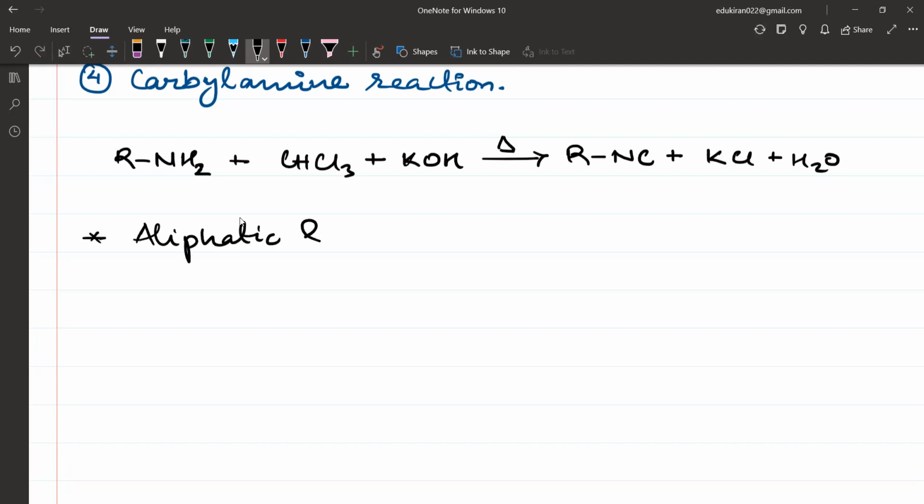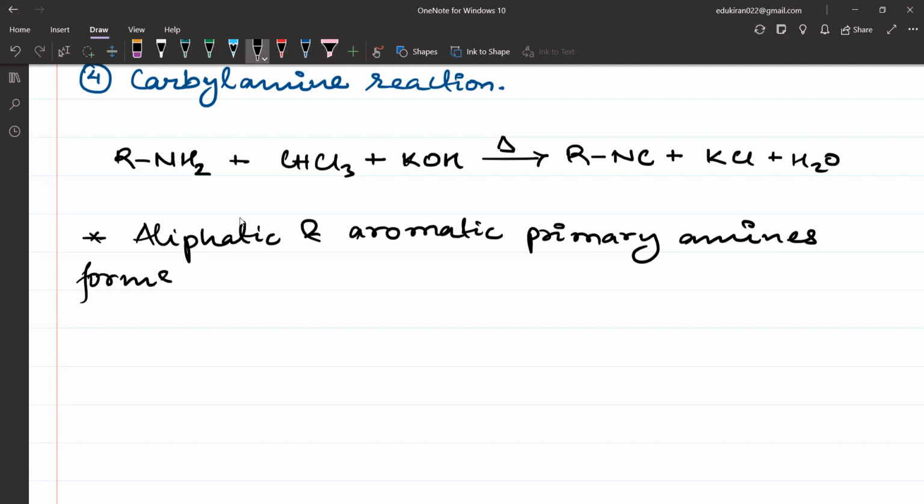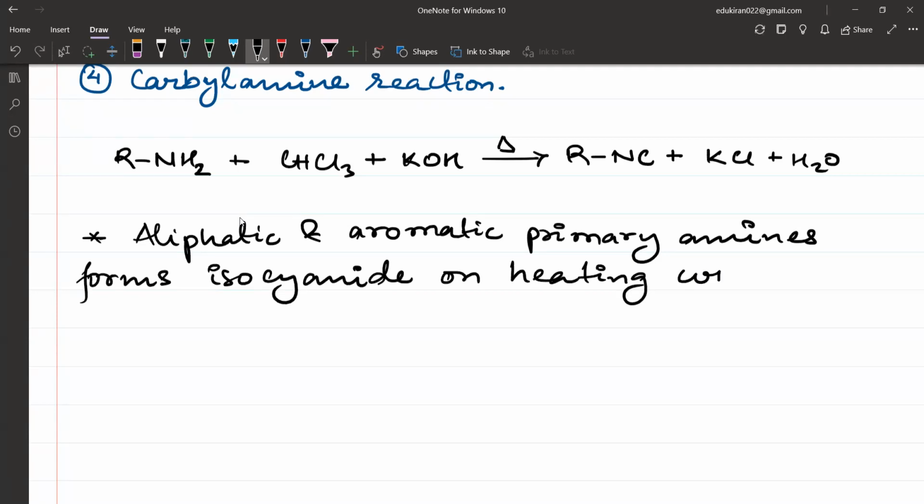Aliphatic and aromatic primary amines form isocyanide on heating with chloroform and potassium hydroxide.